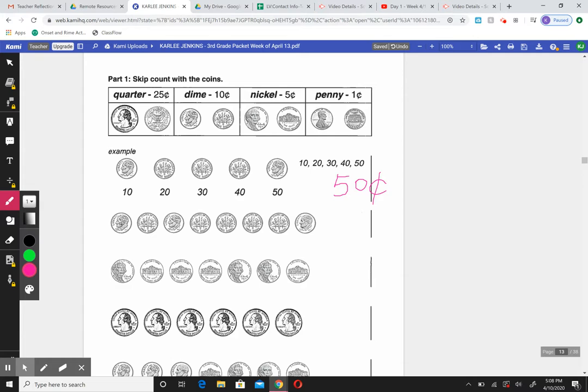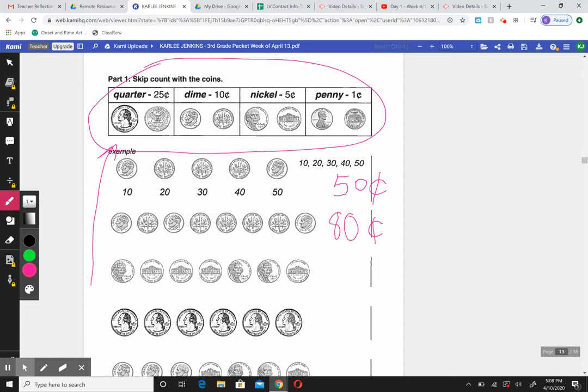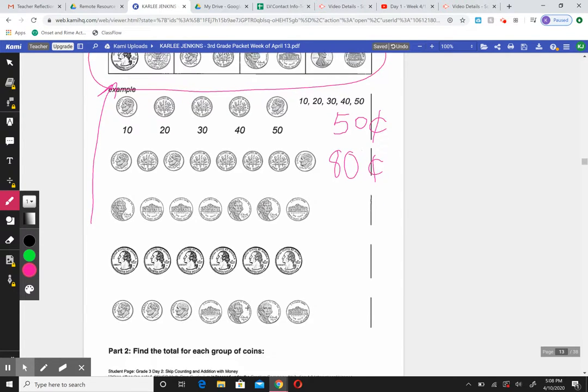These are dimes too. 10, 20, 30, 40, 50, 60, 70, 80. 80 cents. If you need to know how much to skip count by, remember, look up here. This part will help you. Just look at the picture and see how much you're going to be counting by.